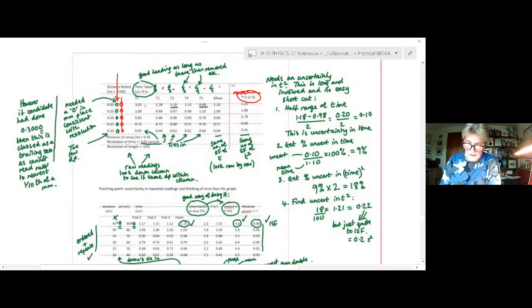The time here ties in because it's to the nearest 0.01 of a second. That's all beautiful on all of these, and it's consistent and the same. They've worked out the mean correctly to the same number of significant figures as all of the raw.